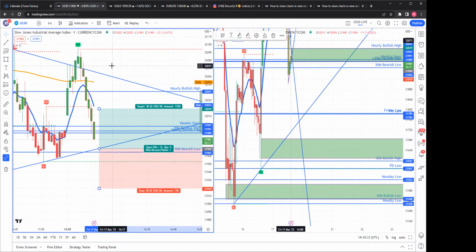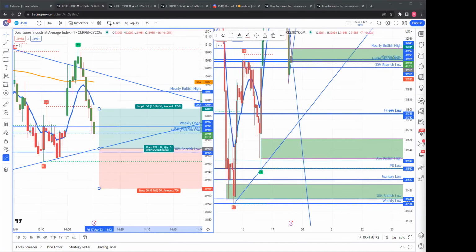But let's see. I need a perfect retest. I can set this. So 50 pip stop loss, 50 pip take profit.